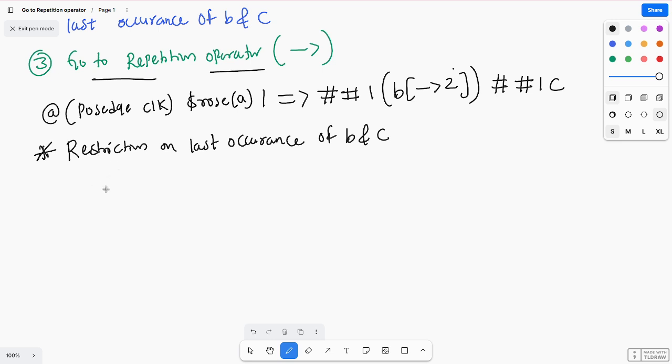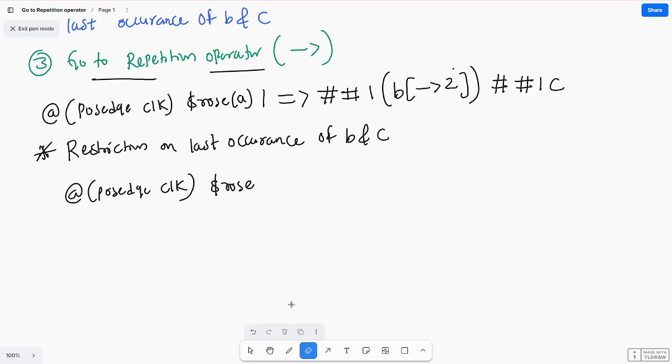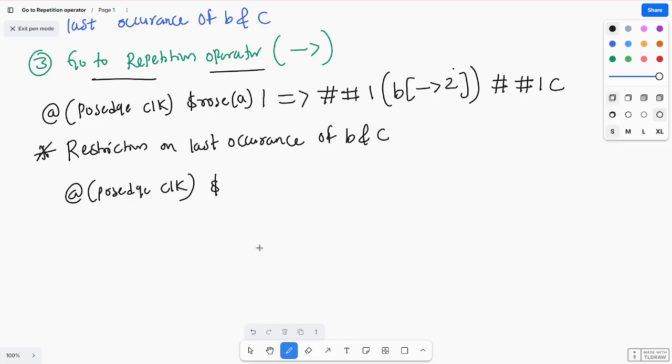Suppose if you want a range, how to write it? At the rate posedge of clock, dollar fell A. When it is going from 1 to 0, it will be activated. Dollar fell A, and non-overlapping implication operator, and delay by one cycle.